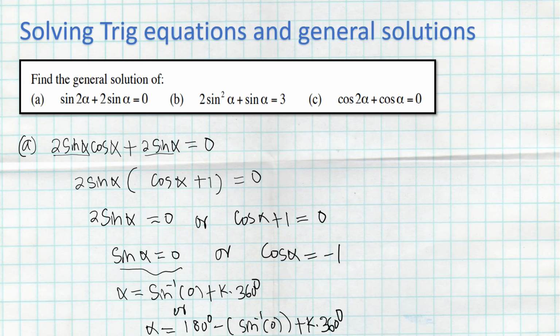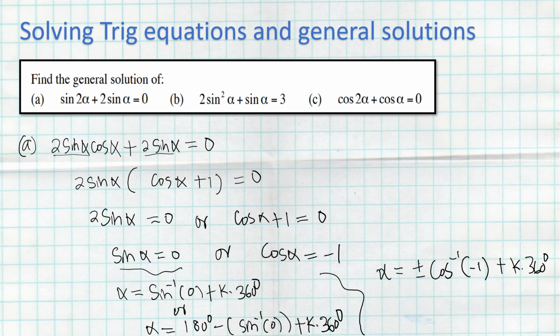Then you can get the answer for that, right? For cos, alpha equals plus or minus arccos of minus 1 plus k times 360 degrees. Then you can simplify that and solve that, right? Because of time, let me just end it there. Sorry about that. Let me just end it there so that you can complete that one.